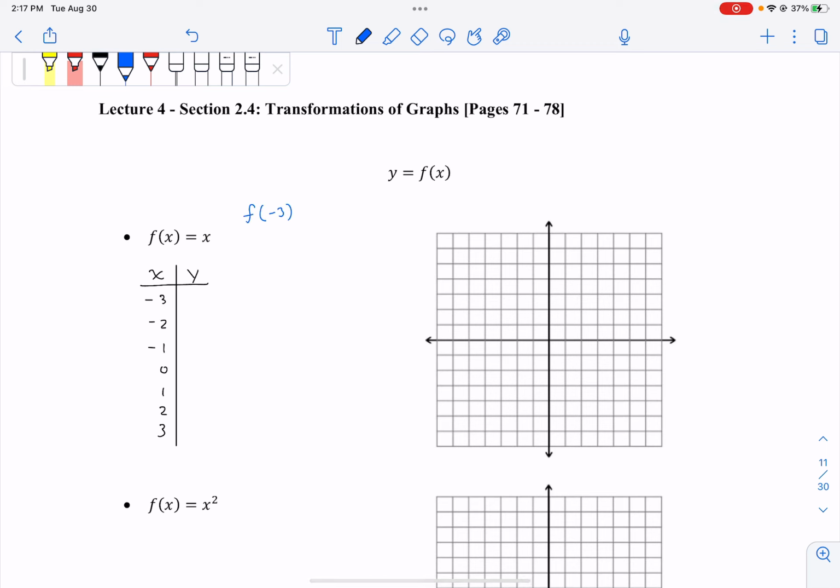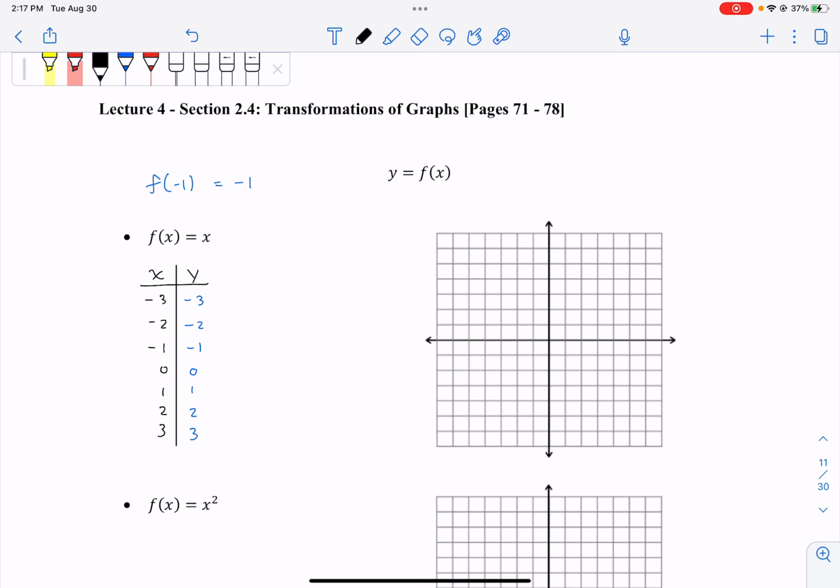F of negative 3 is just negative 3. If I plug in negative 2, then my y value is just negative 2. If I plug in negative 1, then f of negative 1, which also stands for y, by the way, is just equal to negative 1. And you see, whatever I plug into my x, my y value is going to be the exact same thing.